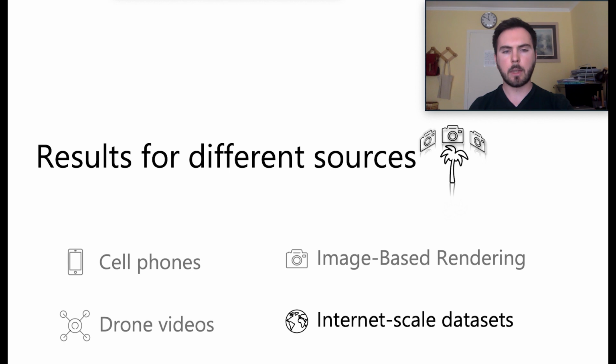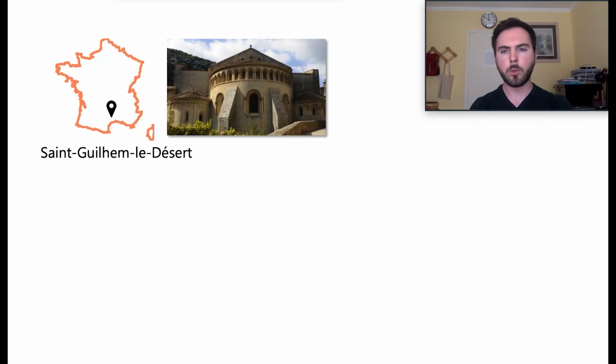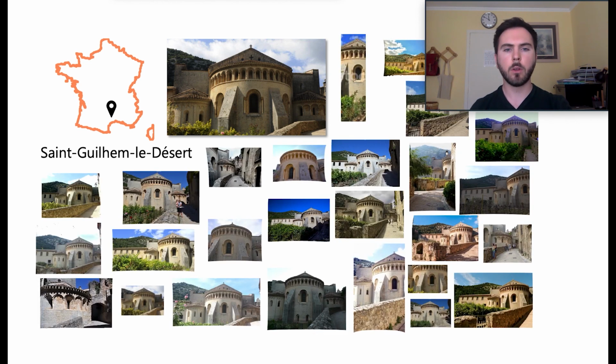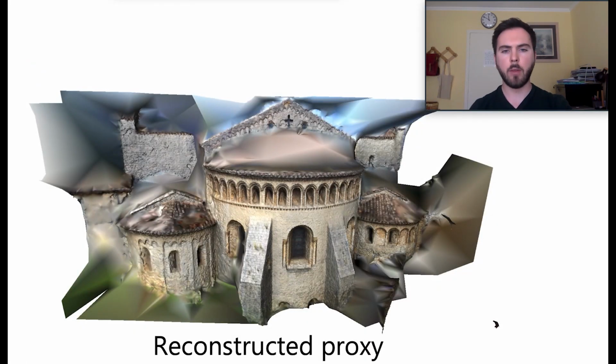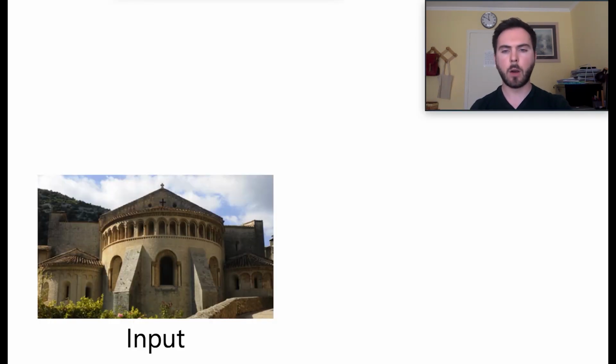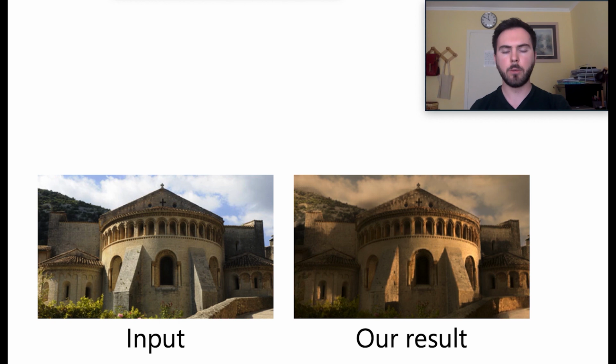Last, internet scale datasets. What if you went to the south of France, to this nice village, and took a single picture? You cannot reconstruct the scene, but you can get pictures from the internet to build your proxy and then use this proxy for our method and generate different relit outputs of your picture.